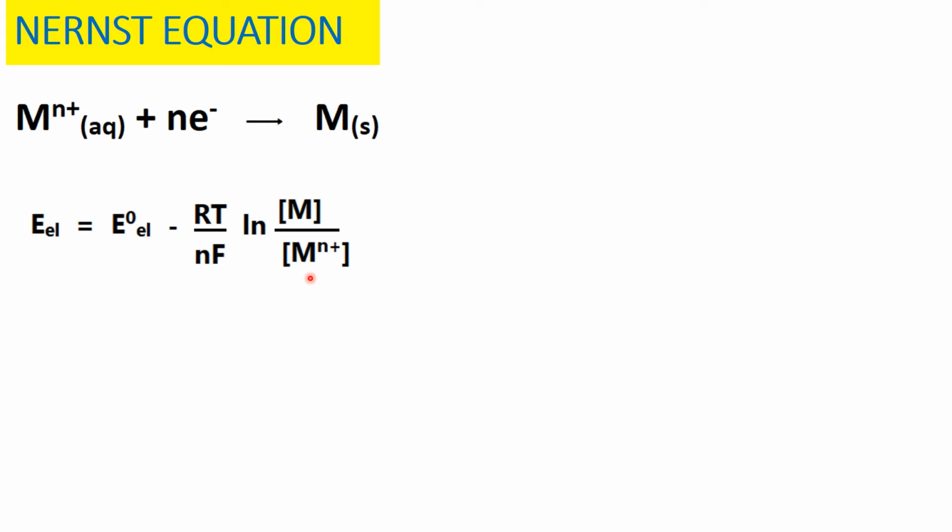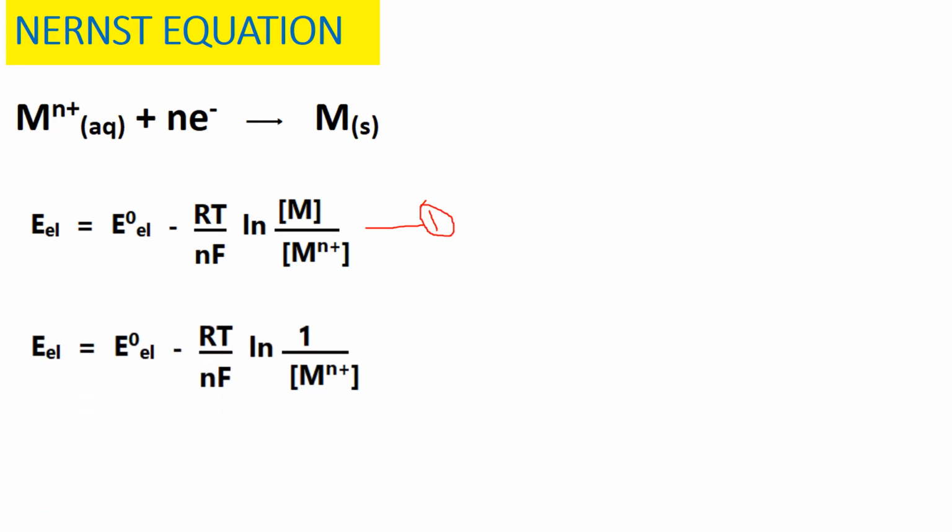Since the concentration of solid metal is regarded as unity, equation 1 is modified as E electrode, the EMF of the electrode, is equal to the standard electrode potential of the electrode minus RT by nF ln 1 divided by concentration of metal ion. That is given as equation number 2.